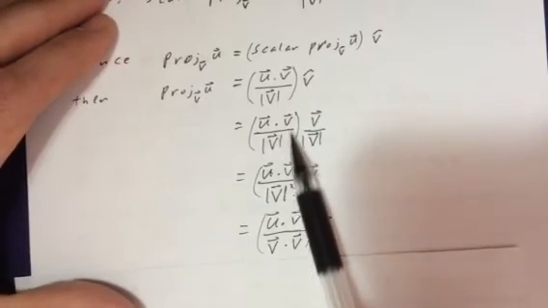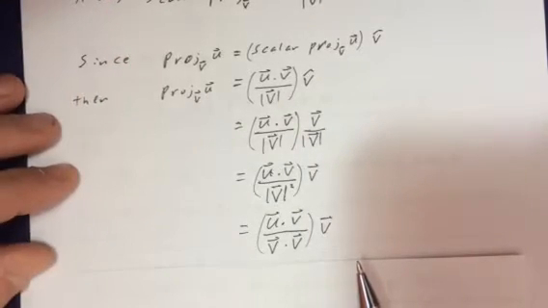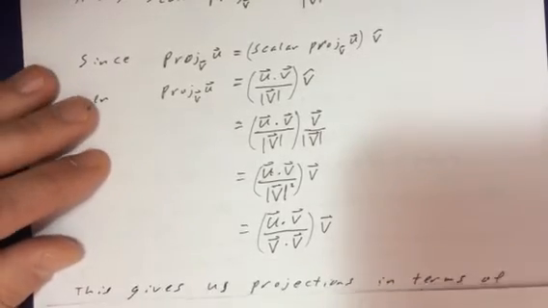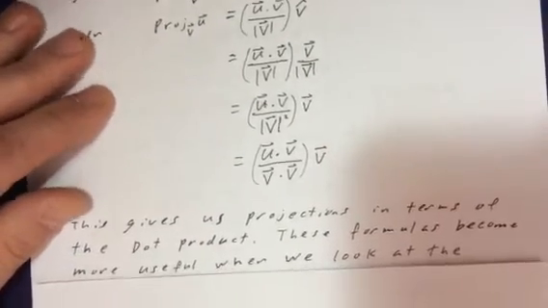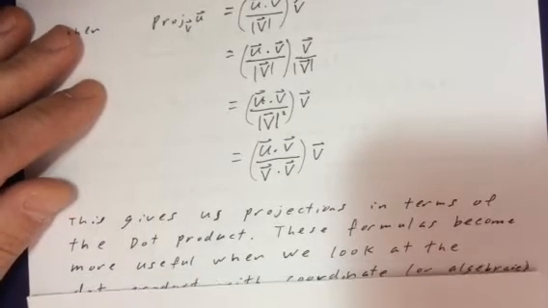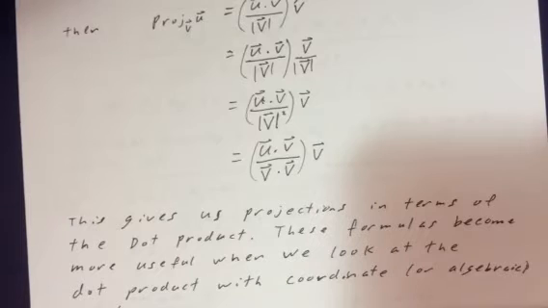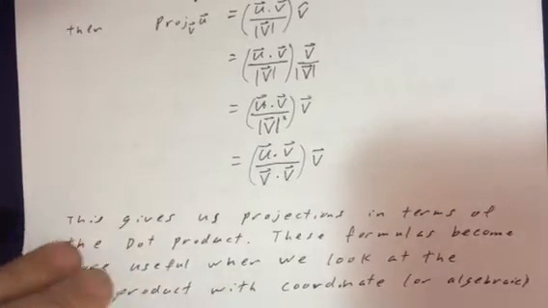We have a bunch of different formulas here for the vector projection that we can use. So this gives us the projections in terms of the dot product. These formulas become more useful when we look at dot product with coordinate or algebraic vectors. Let's take a look at some of that.